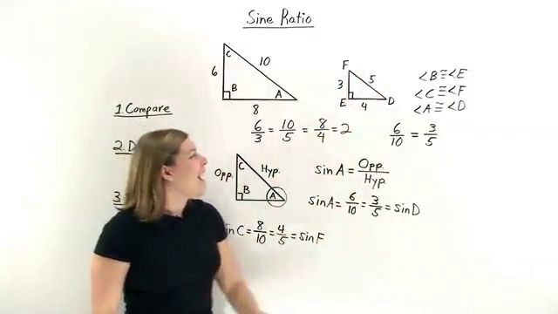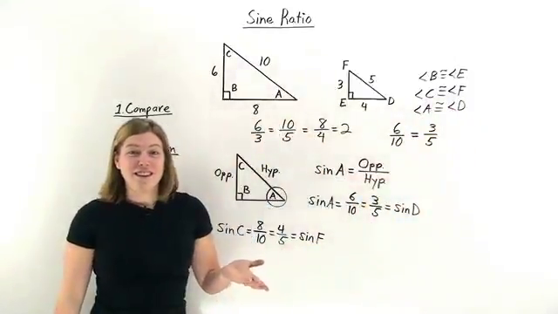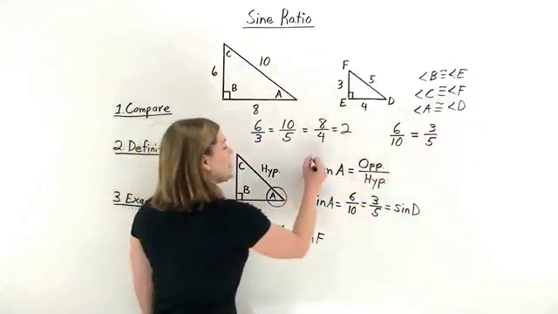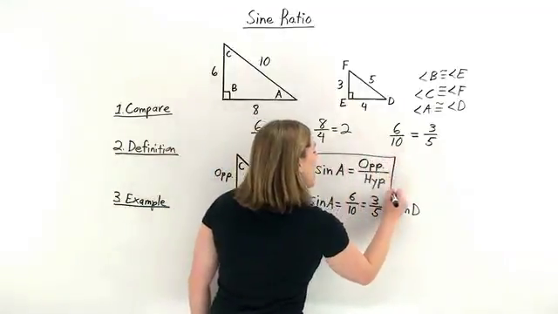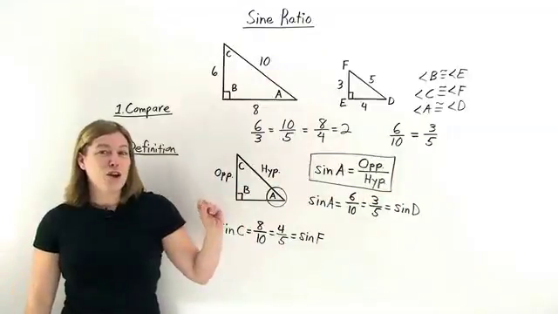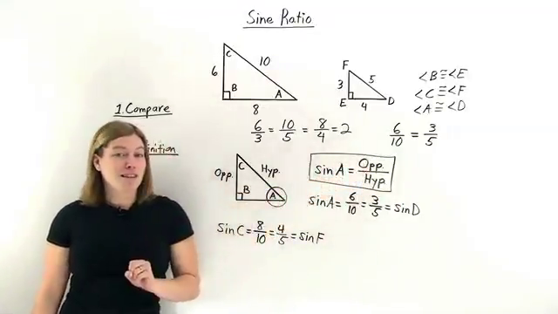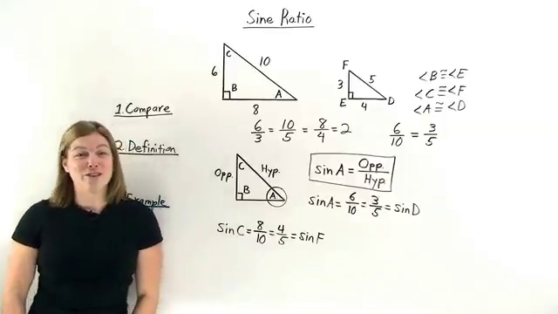And look, angle C and angle F are congruent angles. So now we know about the sine ratio. If we have a right triangle and we want to find sine of a certain angle, we need to simply find the ratio between the measurement of the opposite side of that angle and the measurement of the hypotenuse.